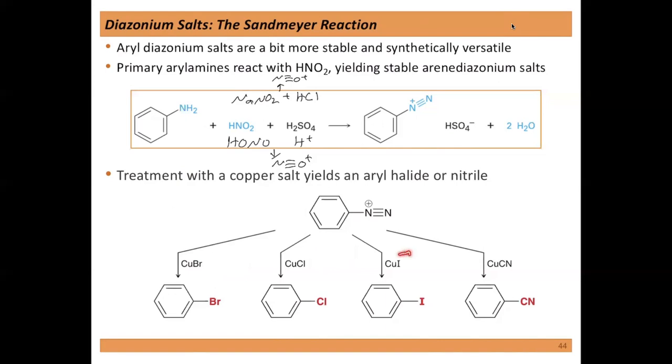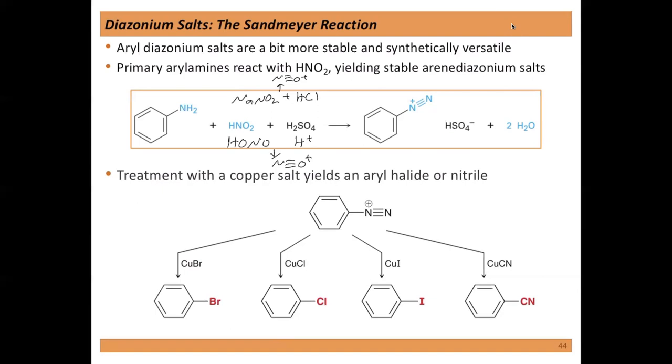Well, let's try copper iodide. Poof, it replaces it with an iodide. Hey, let's throw in copper cyanide, and poof. So for all of these steps, the mechanisms are thought to be radical or very complex. So you don't need to know the mechanisms, but you do need to know the products of these reactions.